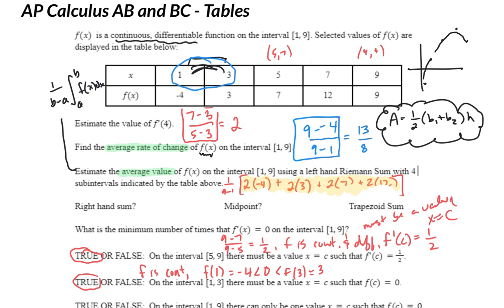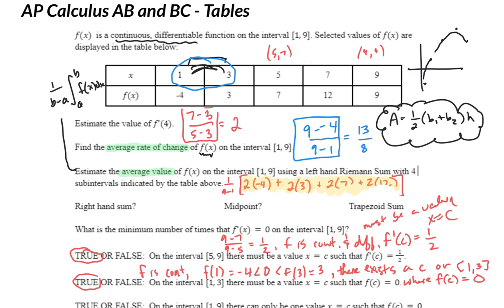That's between -4 and 3. So by intermediate value theorem, there exists a c on the interval where f of c equals 0. Like that.